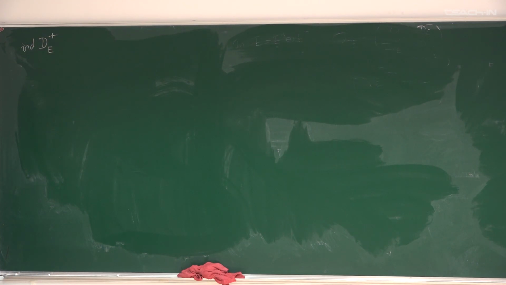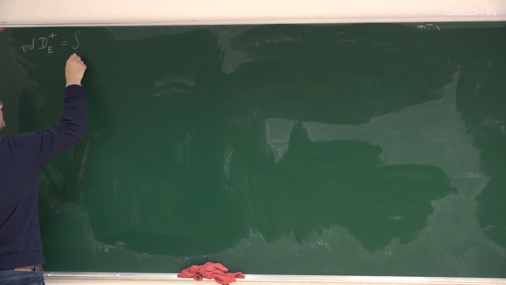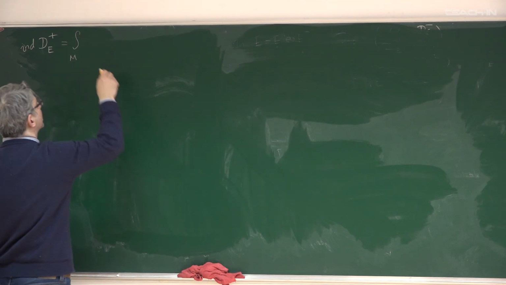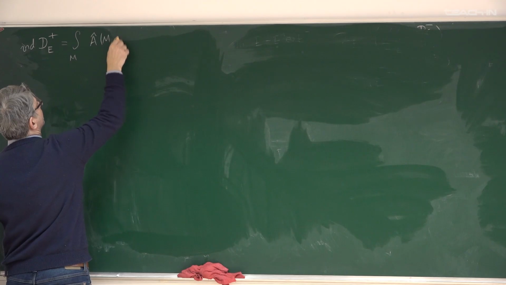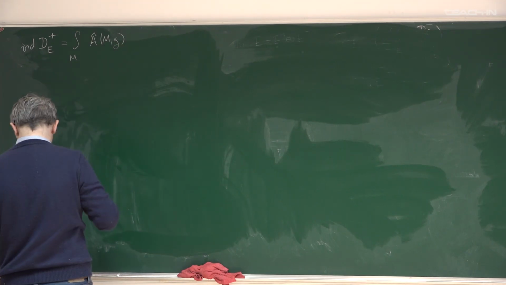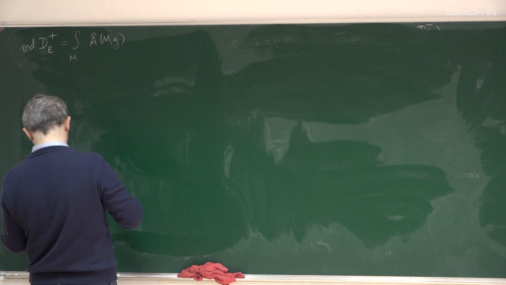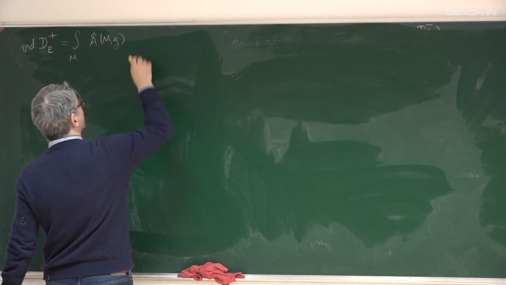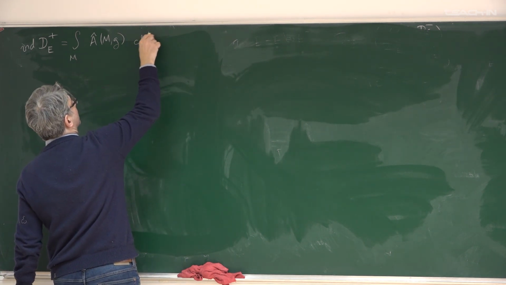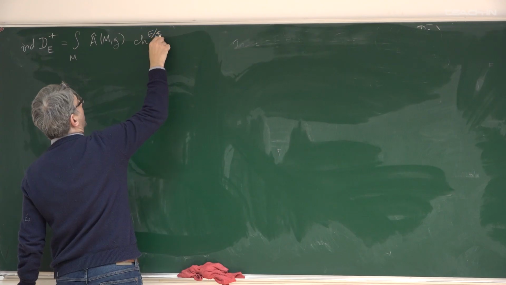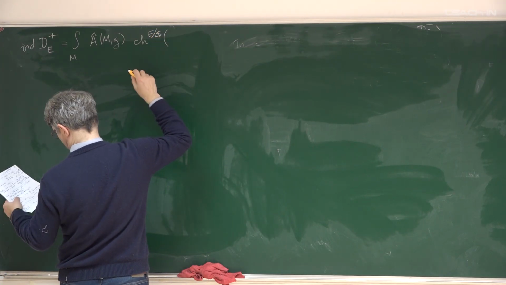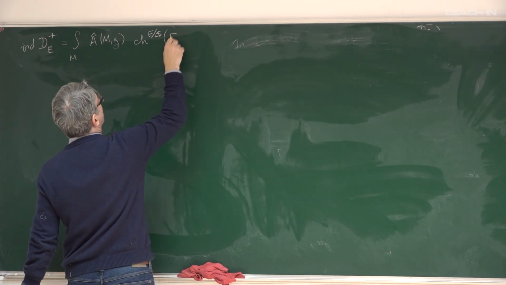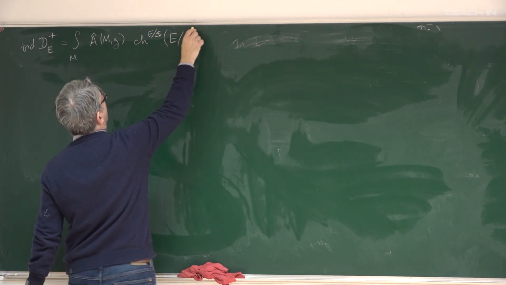So the index of the operator is the integral over M of the following differential form: A hat of M, g, then you write a specific version of the Chern character of E over S.